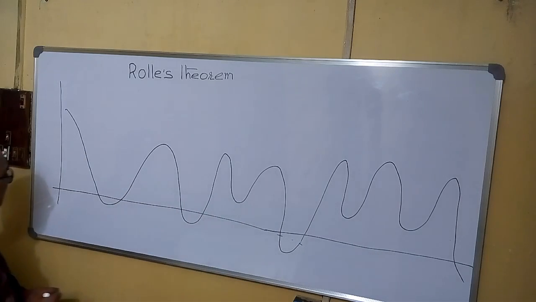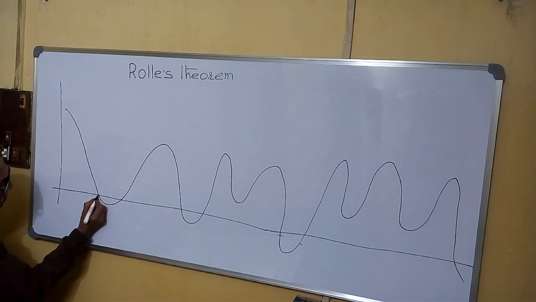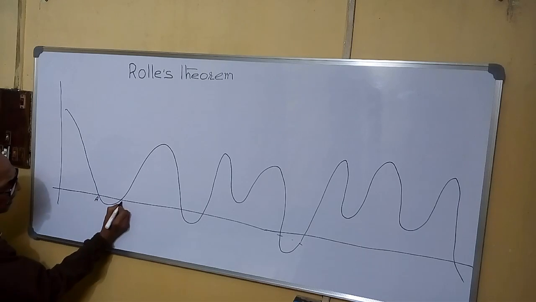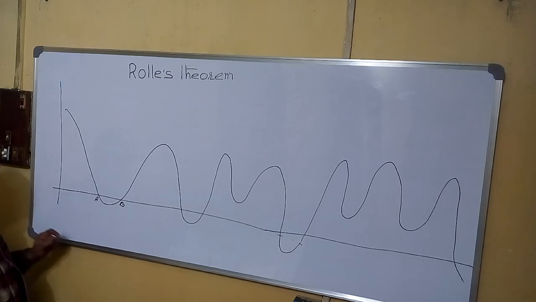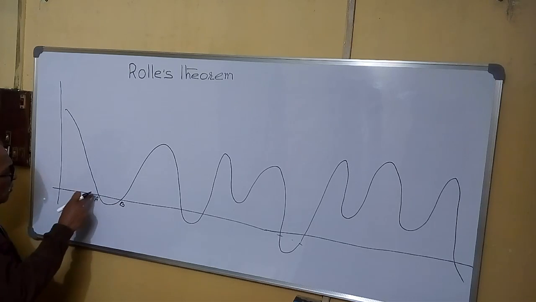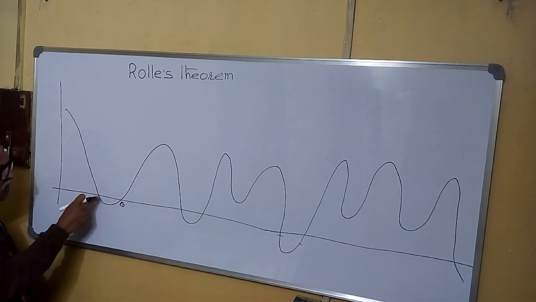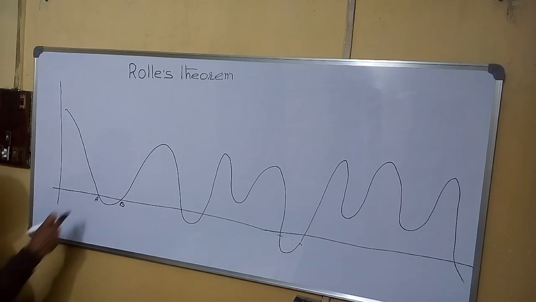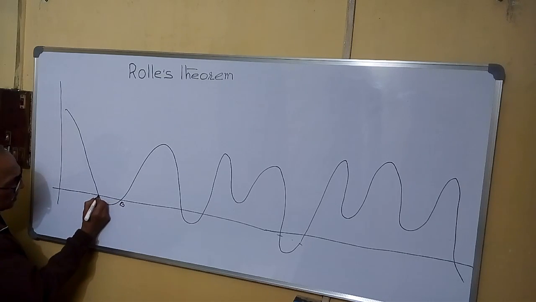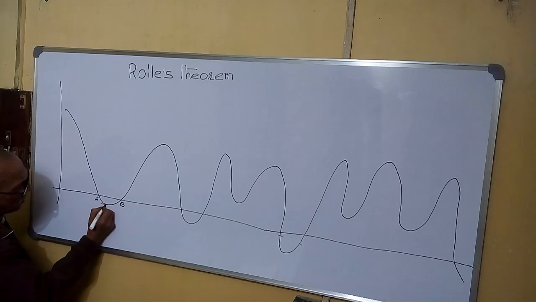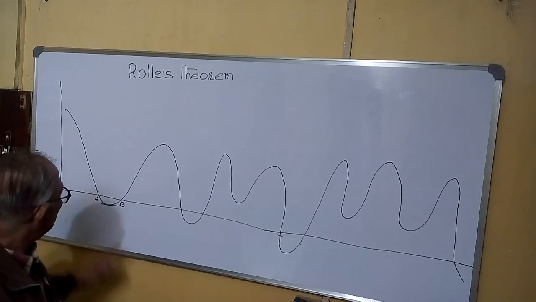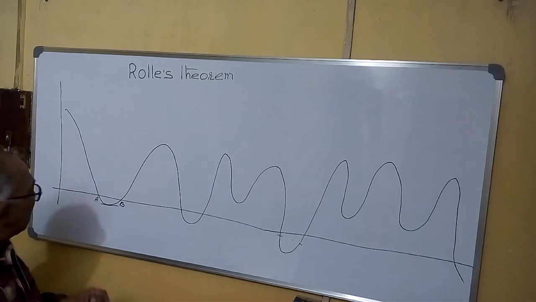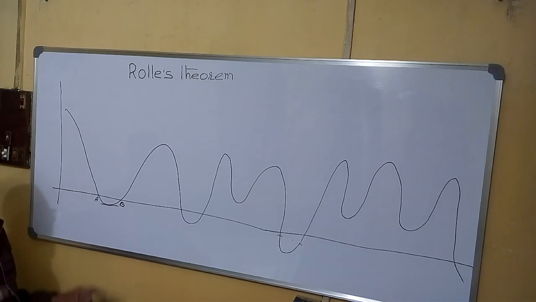In this case, suppose at these points were A and B. At these 2 points, there are 2 real roots, because at these points y equals 0, these are 2 consecutive real roots. In between these two, this is the graph. If we draw a tangent, you will get only one point where the tangent is becoming parallel to the x-axis. That point is known as a turning point. There should be at least one turning point.